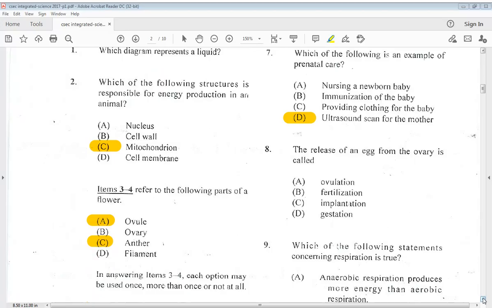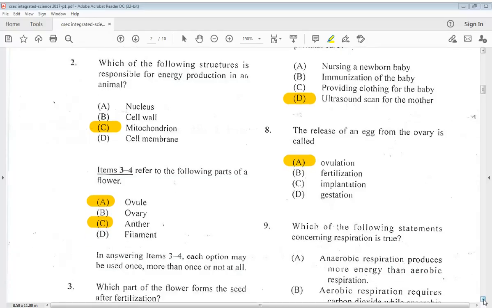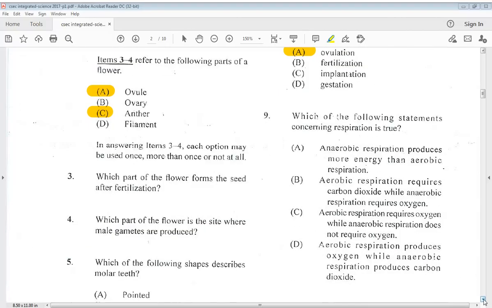8. The release of an egg from the ovary is called A, ovulation, B, fertilization, C, implantation, or D, gestation. This is easy. A, ovulation. 9. Which of the following statements concerning respiration is true?